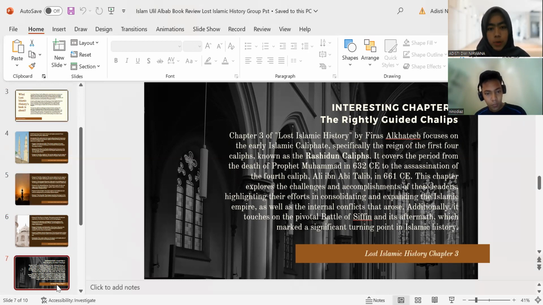This chapter explores the challenges and accomplishments of these leaders, highlighting their efforts in consolidating and expanding the Islamic Empire, as well as the internal conflict that arose. Additionally, it touches on the pivotal Battle of Siffin and its aftermath, which marked a significant turning point in Islamic history.